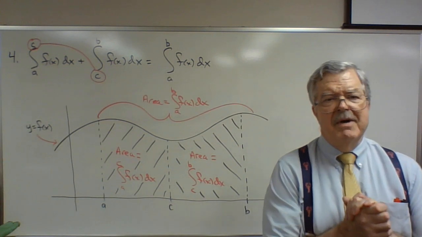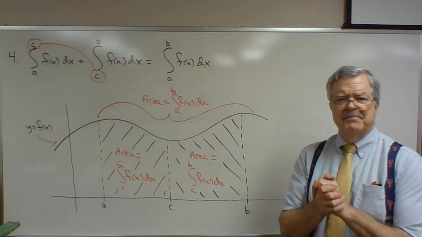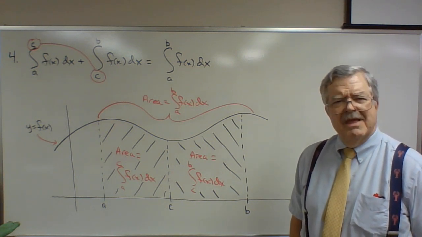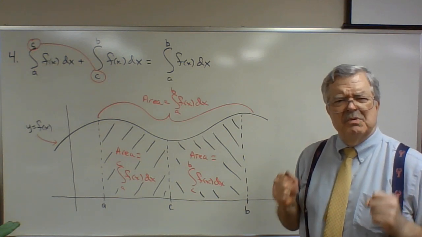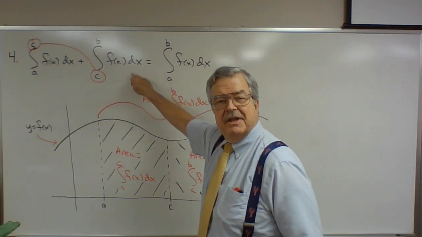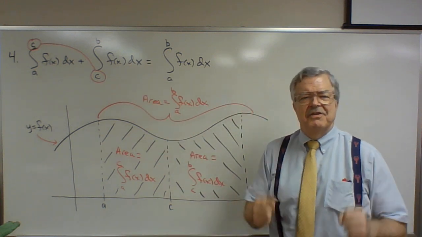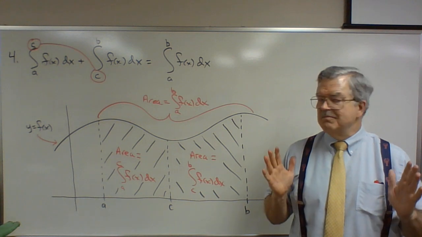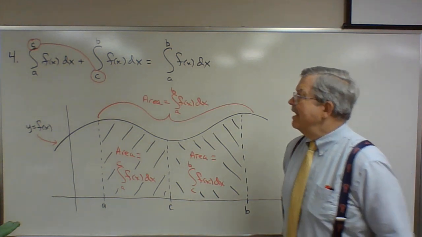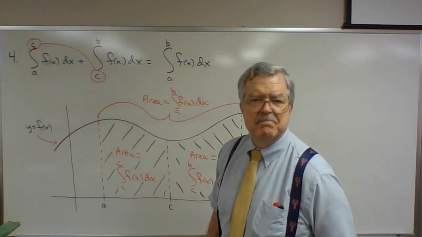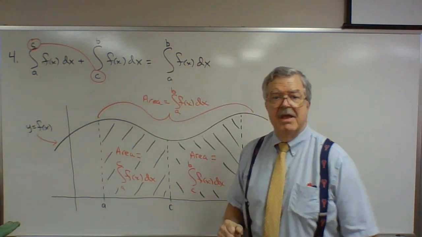Now, some of you might be wondering, Dr. Rossi, is it absolutely necessary that the function here, f of x, is non-negative? No, actually, it doesn't matter. F of x can be positive, negative, zero, whatever.